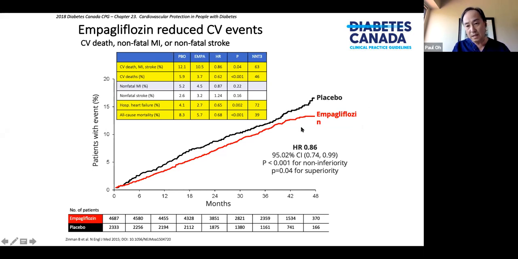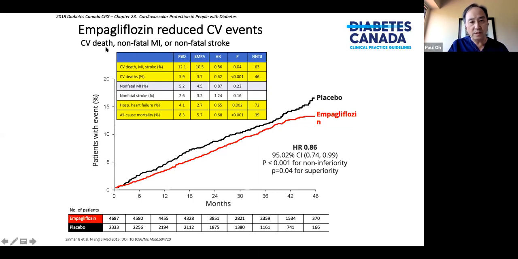And the interesting thing that was found for people that were placed onto the active medication was there was a reduction by about 14% in the occurrence of these bad vascular events. So people that received this diabetes medicine for people living with diabetes, their sugar control was somewhat better, and their risk of developing a heart problem or a stroke was also better as well.